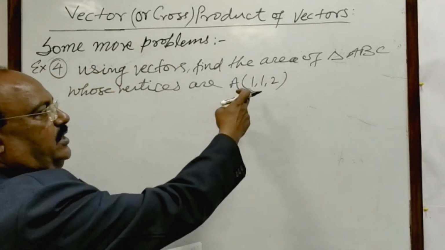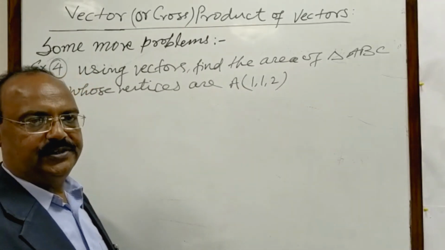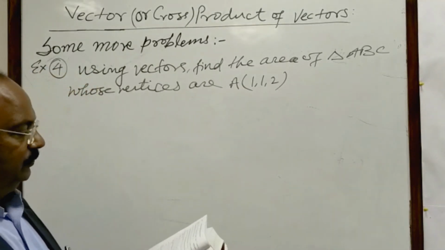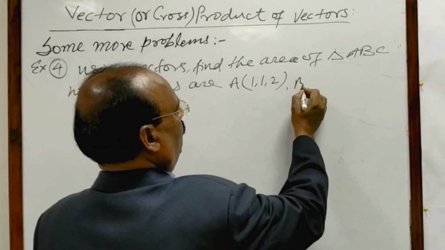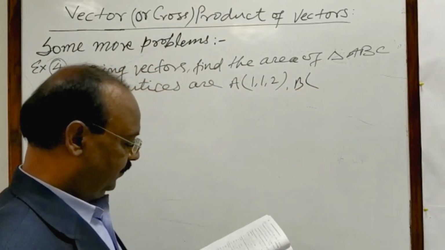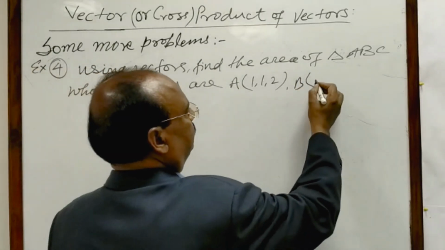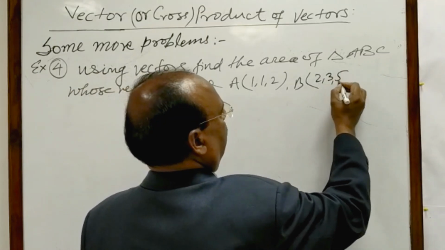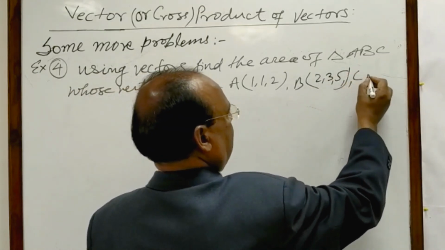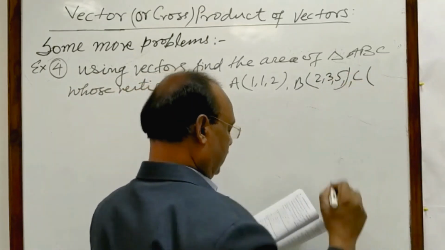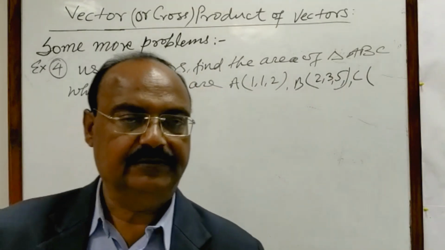We have got these coordinates with the help of three-dimensional geometry. Point B has coordinates 2, 3, 5. And C has coordinates 1, 5, 5.